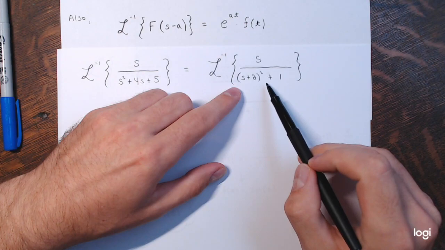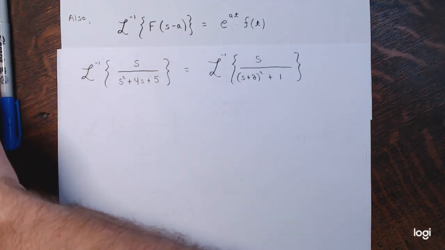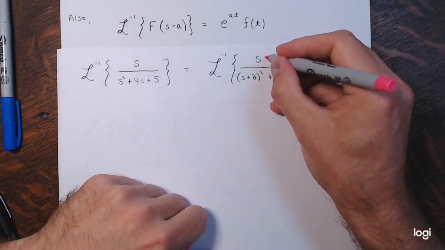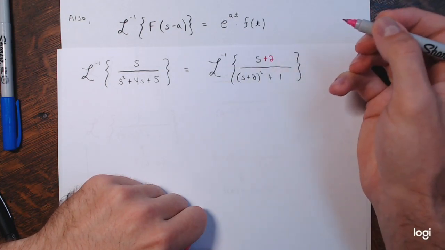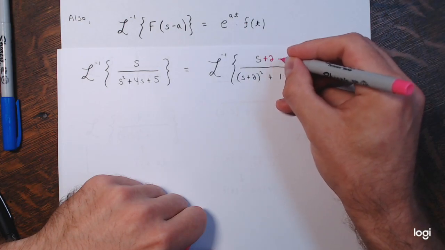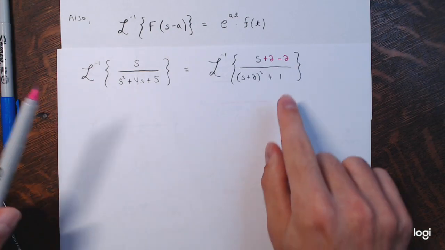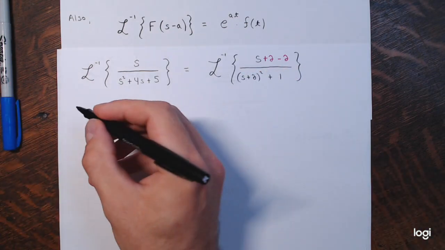Now one thing you could do is do a clever little addition of 0. I would like an s plus 2 up here, so why not just add it, make it happen? But then you've got to deal with the consequences. Just adding 2 up here, you can't just do that. You also would have to subtract 2. That way it's like I added nothing. And then I'll break this up using the linearity property.